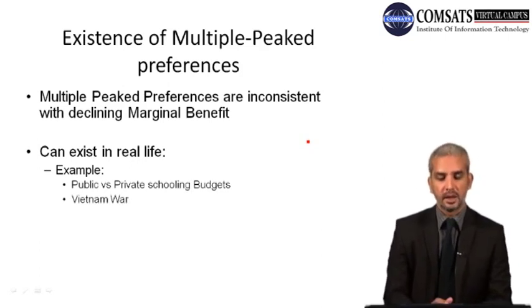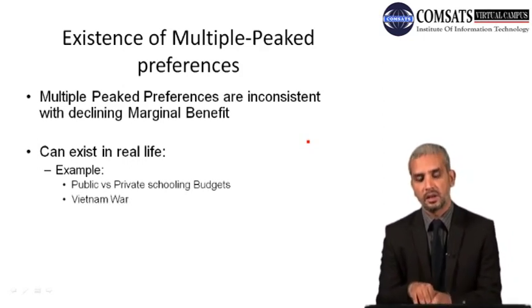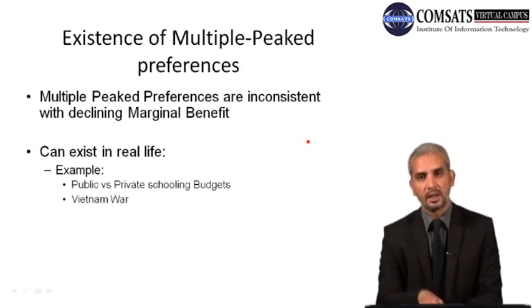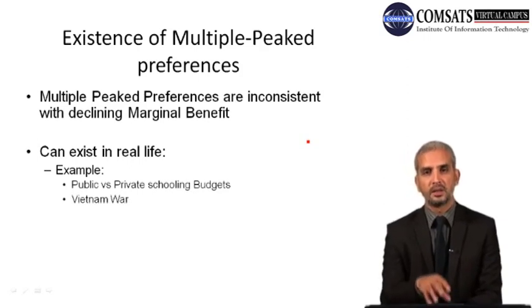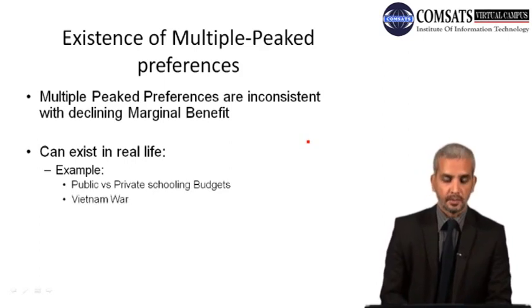Again, I put your focus on the fact that he has opted to educate his children in the private schooling system, so he would opt for lower tax rates, because then less budget should be allocated to public schools.